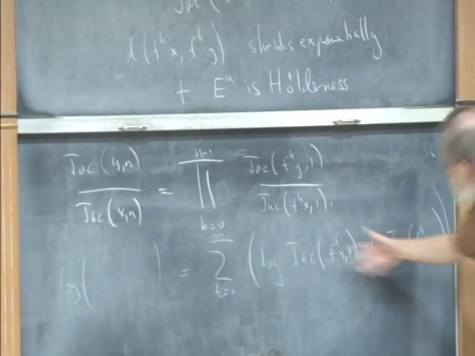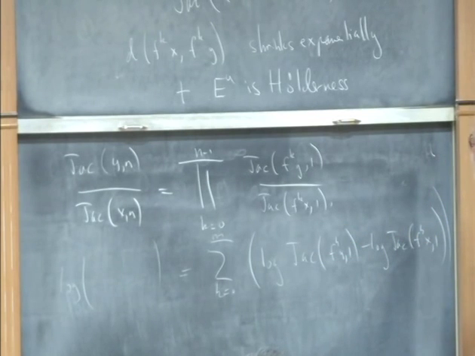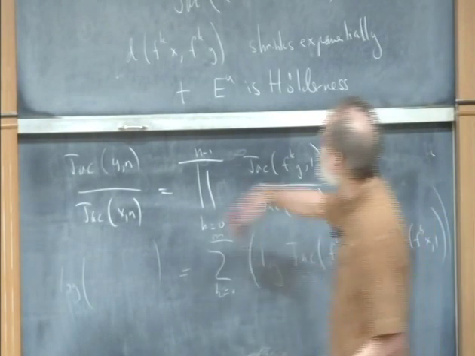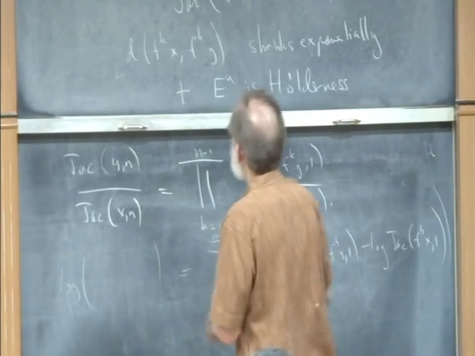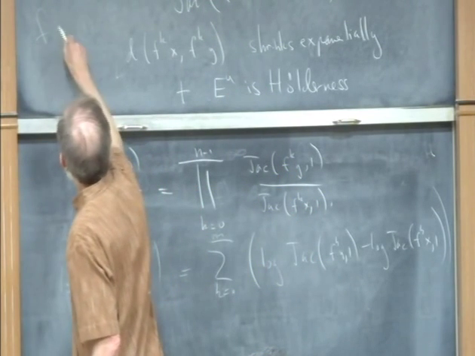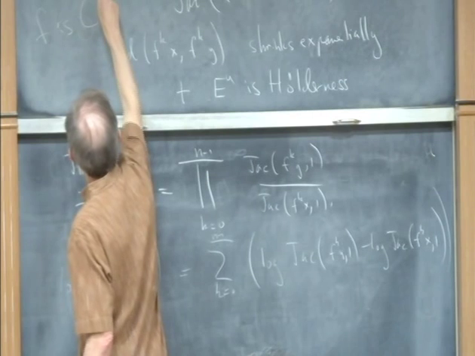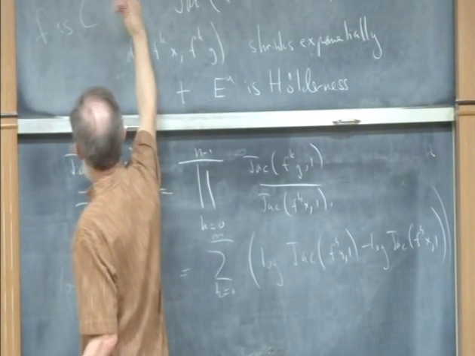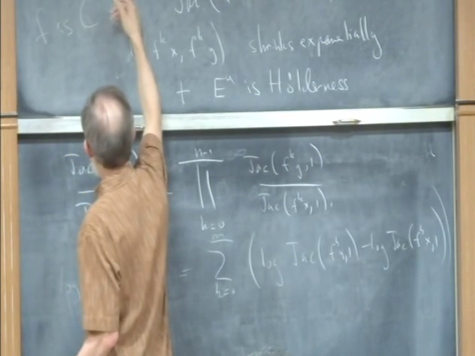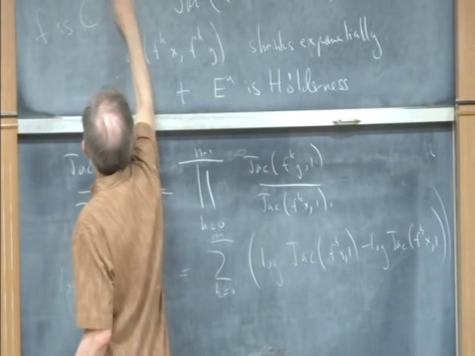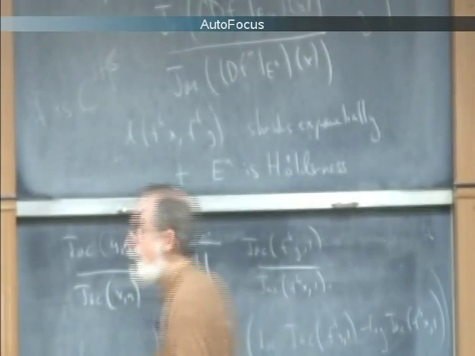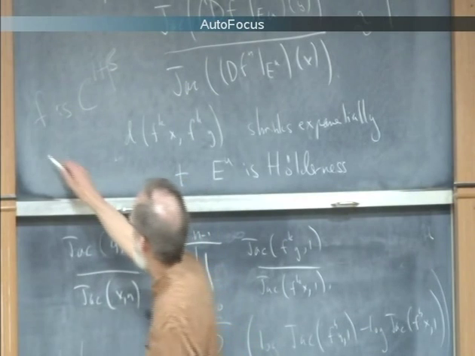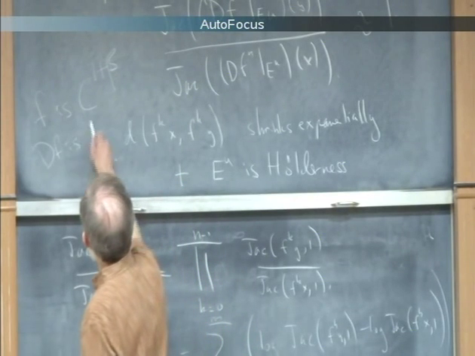And now we know f is, I think, as long as f is C^(1+beta), have a new letter, then I will know that df is C^beta.